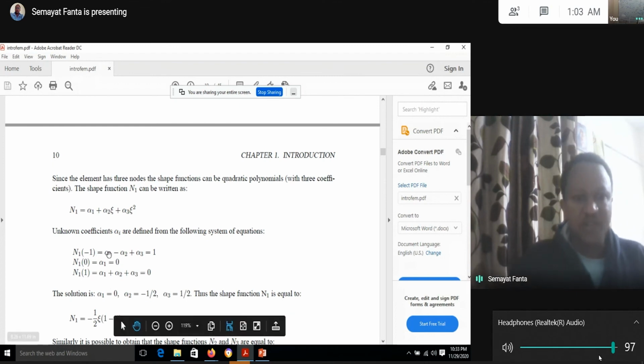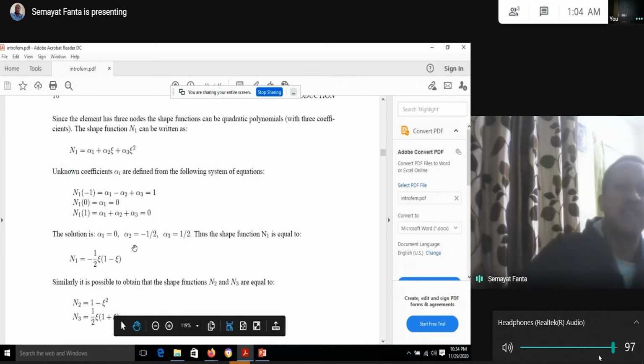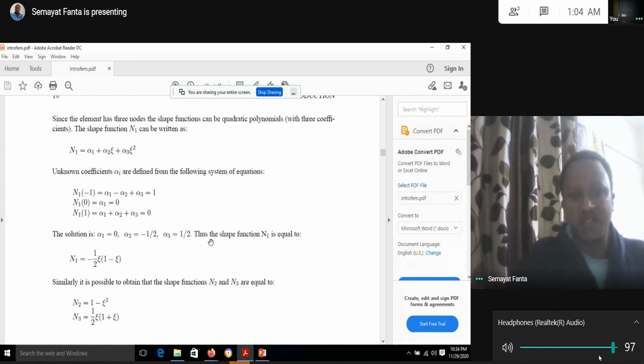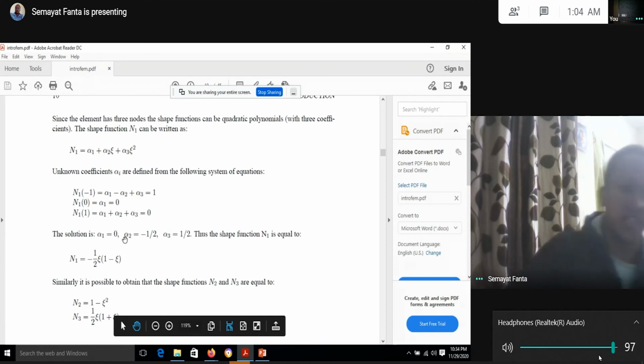Finally, solving these equations, alpha 1 minus alpha 2 plus alpha 3 is equal to 1 is one equation, and alpha 1 is 0 already. We have left alpha 2 and alpha 3. Equating these 3 equations, immediately we get alpha 1 equal to 0, alpha 2 equal to minus 1 over 2, and alpha 3 equal to 1 over 2. The shape function N1 is then minus 1 over 2 zeta times (1 minus zeta). This is the shape function in the local coordinate system.